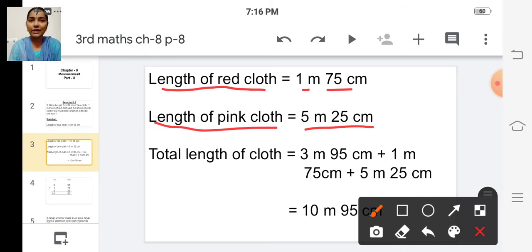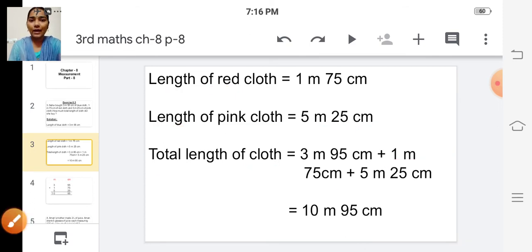These are the given data. We have to find out the total length of the cloth. For that we have to add these 3 lengths: the length of the blue cloth plus the length of the red cloth plus the length of the pink cloth.